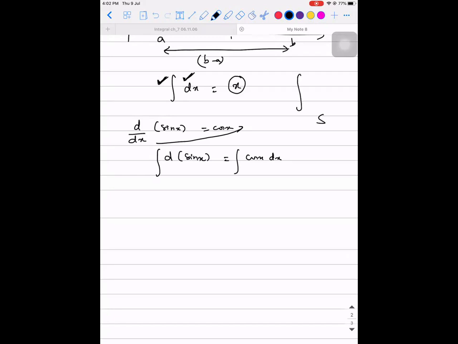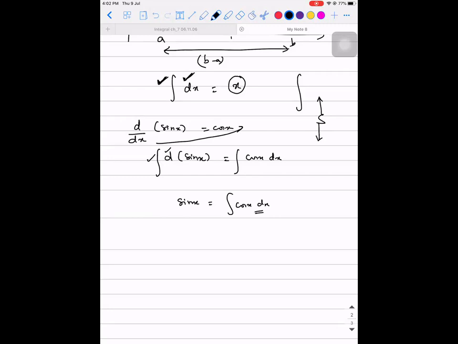So s is like this, you pull it up in this direction, then it becomes an elongated s. Integral and derivative are opposite of each other. So what will you get on the left hand side? Sin x. Sin x is equal to integral of cos x dx. Are you guys able to understand this? Yes, sir. This is what happens actually.